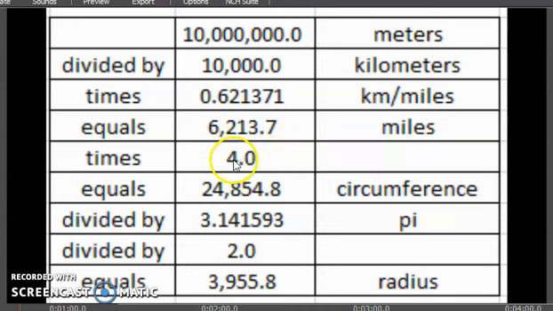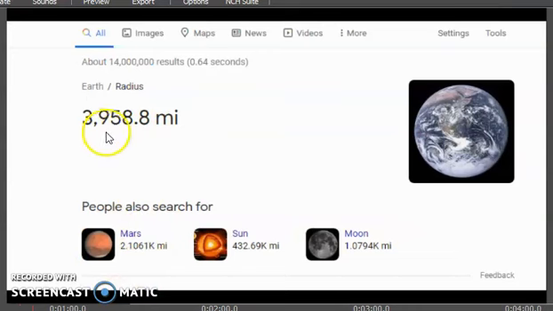Multiplied that by 4, since that was 1/4, in order to get the circumference of 24,854 miles. Now they had C equals 2 pi r, so they just divided by 2 pi in order to derive R, which was 3,955.8 miles. And as you can see, they now use 3,958.8 miles, so maybe they mismeasured, I don't know.